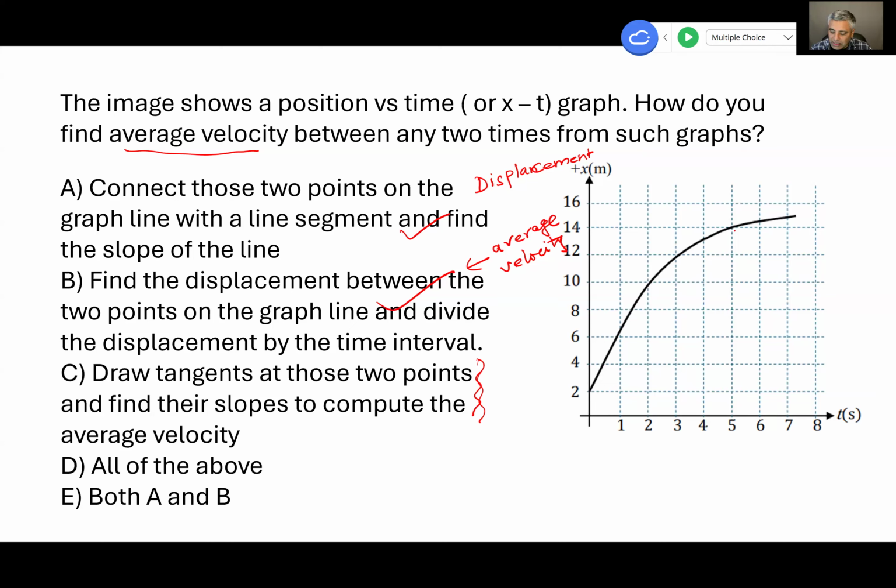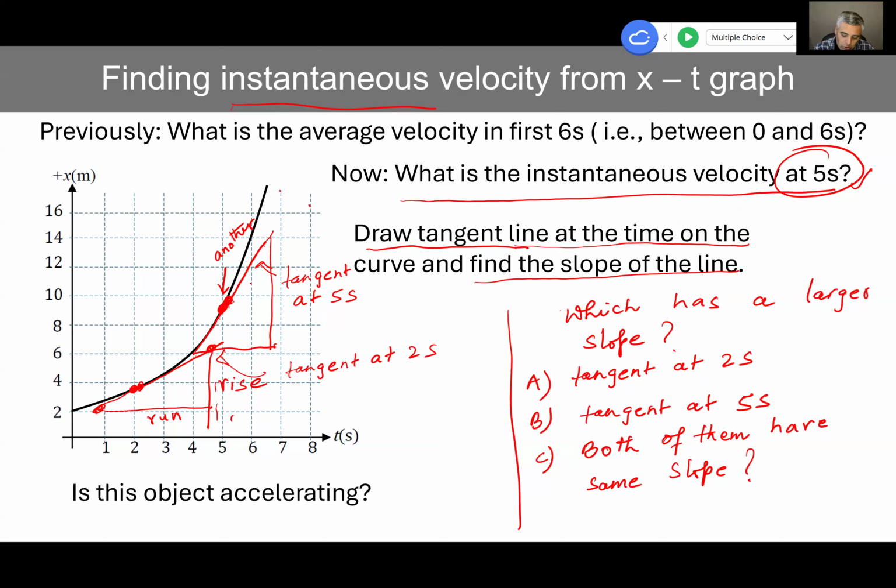So here, what we saw is going back. Here, we saw slope is increasing, isn't it? That means velocity is changing. So velocity is changing, which means the object is accelerating.